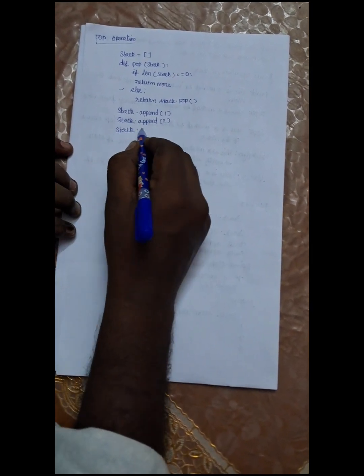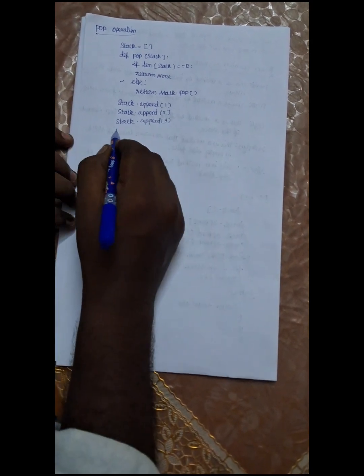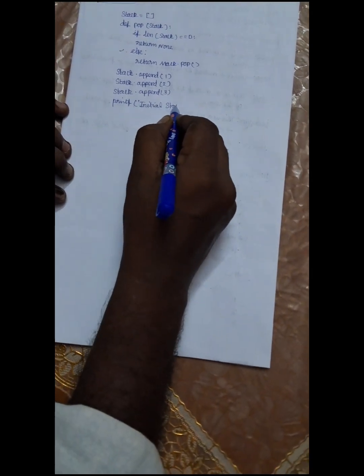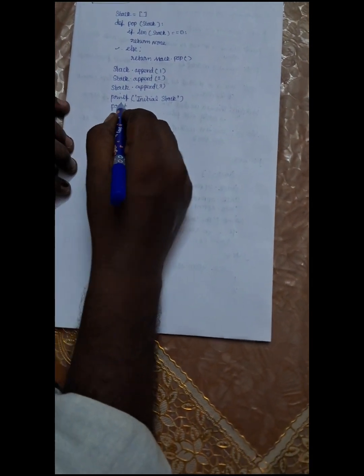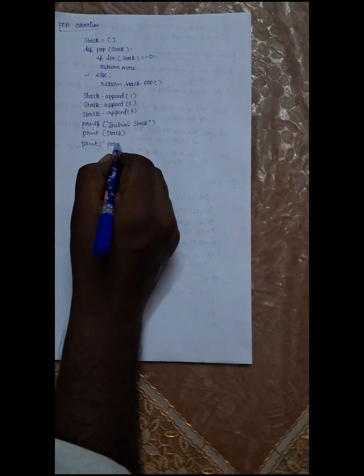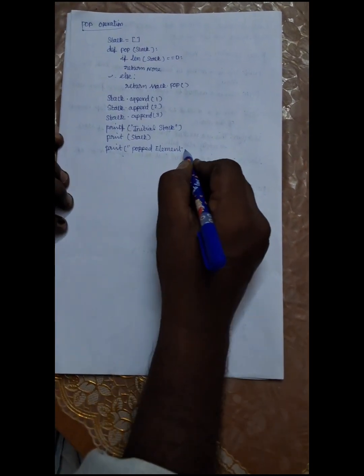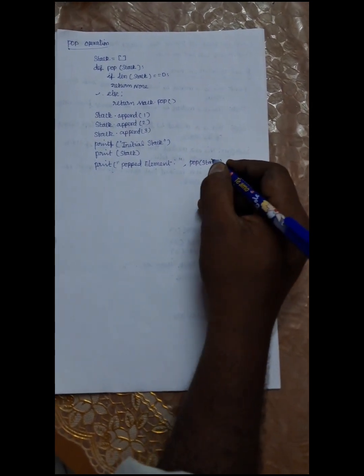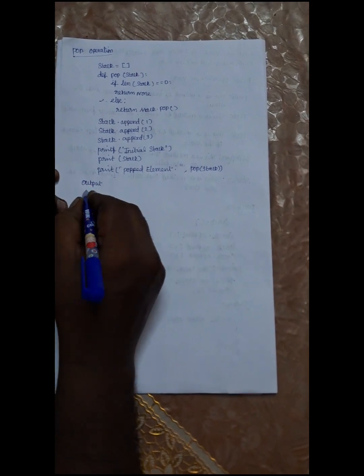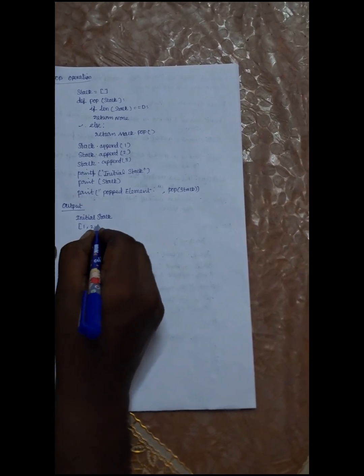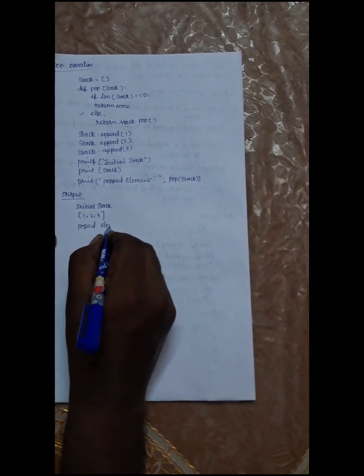After removing the items, I am going to append 1, 2, 3 elements, then print those elements. What is the output? One, two, three.